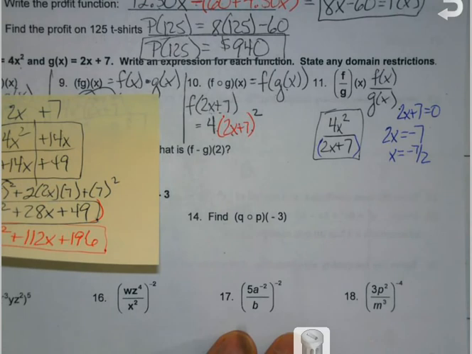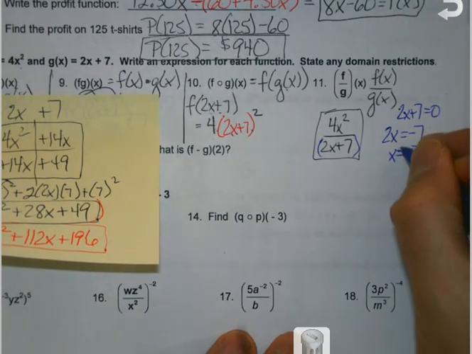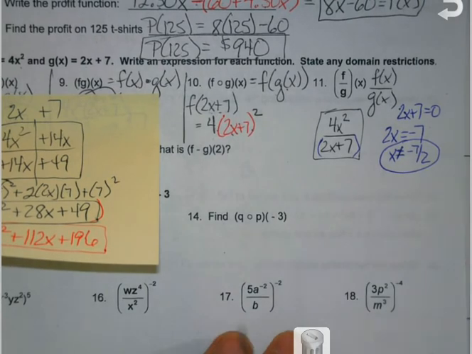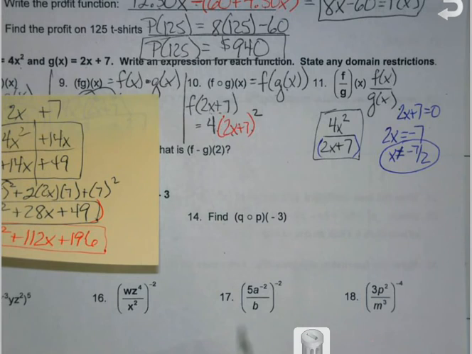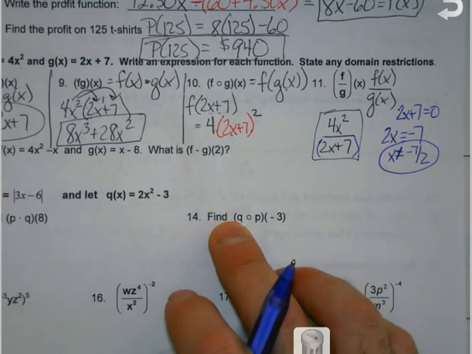Since all it says is state any domain restrictions, it doesn't say state the domain, I don't care if you just say x can't equal -7/2. That's fine. If it asked you to state the domain, we'd be doing -infinity to -7/2, and then union that with -7/2 to infinity. But we're only going to do what the directions ask us to do. We're going to keep life simple.